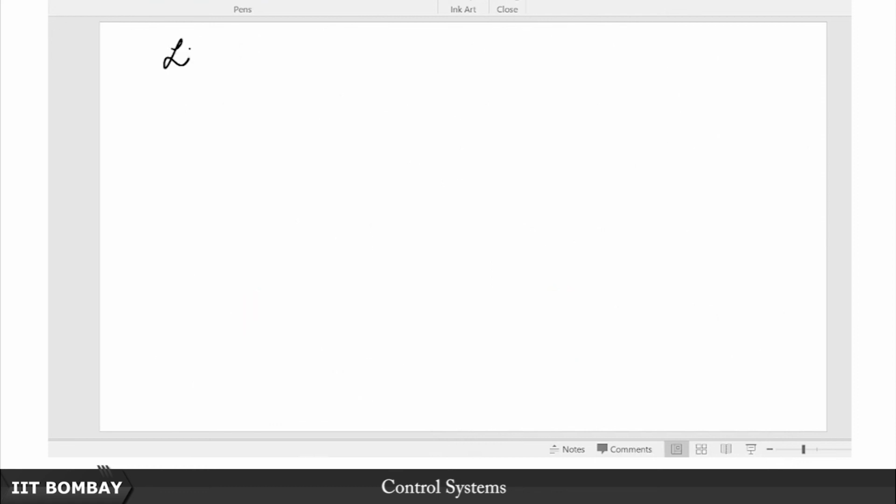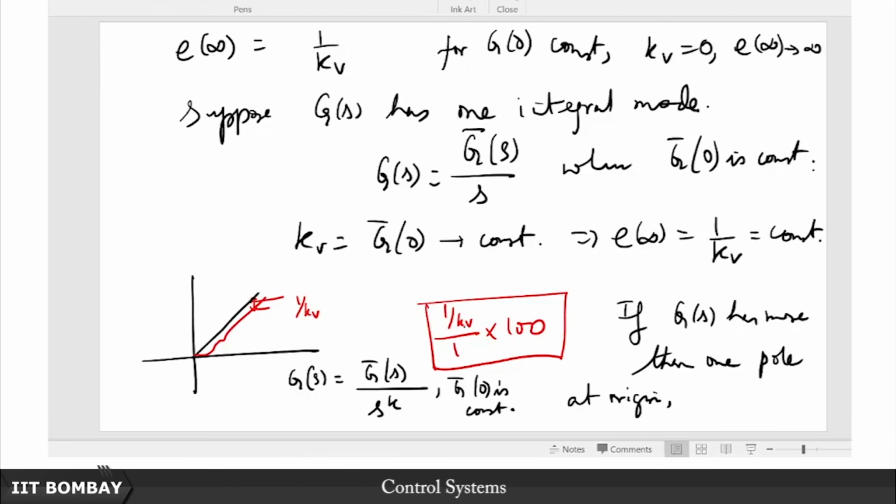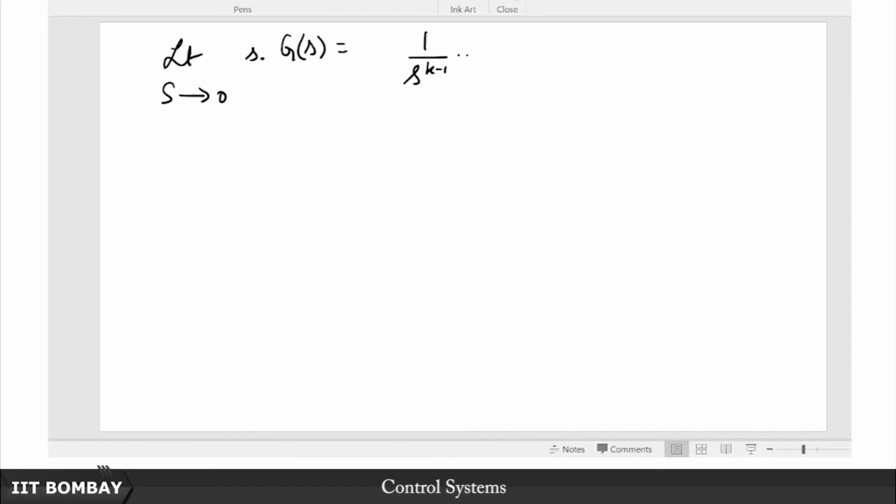If you apply limit S tending to 0, S times G of S is always going to be some 1 by S to the power K minus 1. Of course, we have not mentioned here that K is greater than 1, times G bar of S, limit S tending to 0.